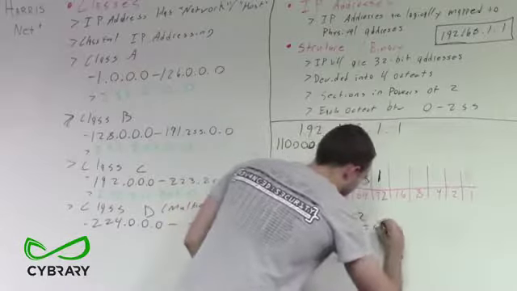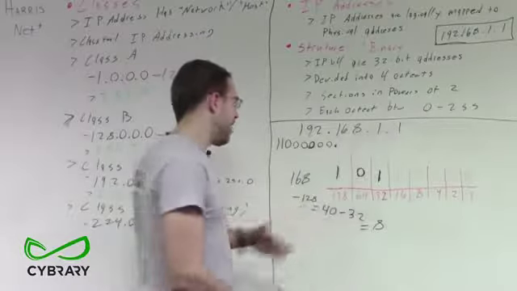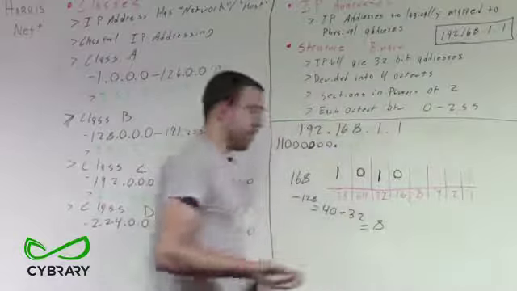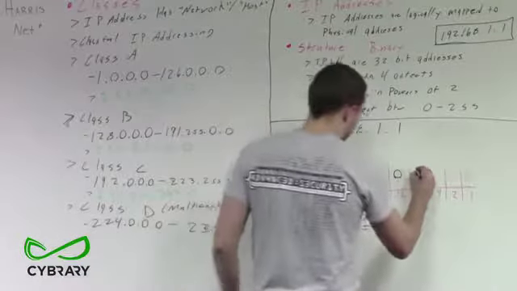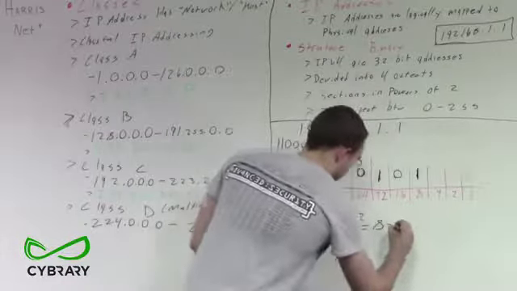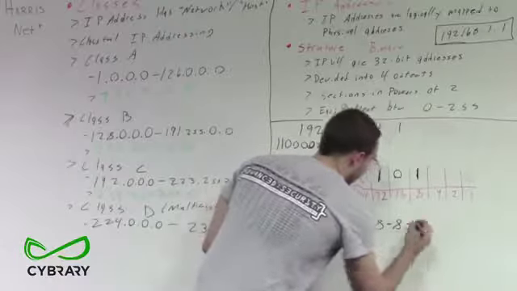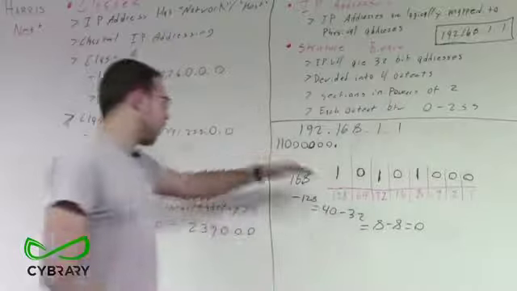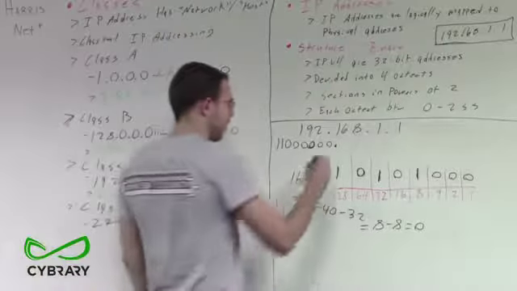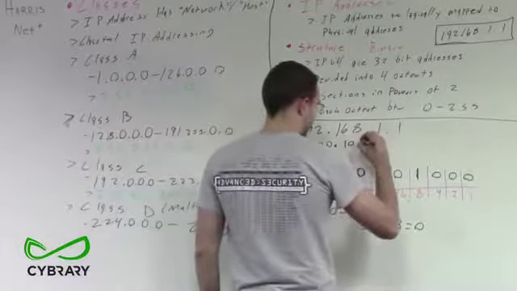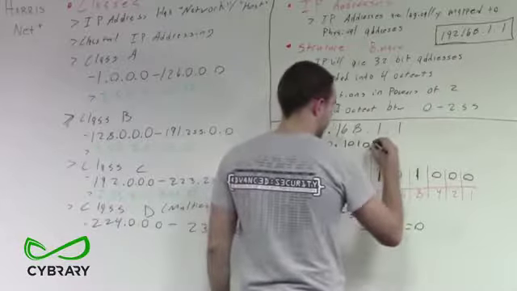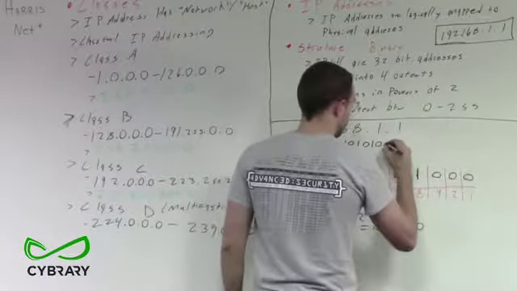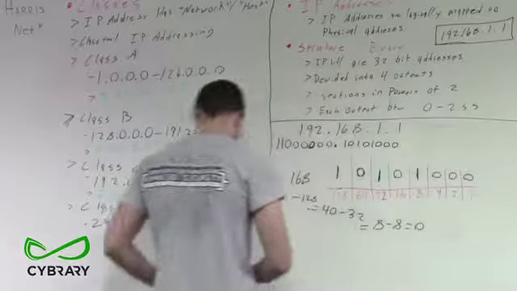This is going to leave us with 8. Does 16 fit into 8? No. Does 8 fit into 8? Yes, exactly. So we put an on in our 8, subtract 8 from 8, leaving us with 0, and then the rest of our places are going to be zeros. So now our next octet is going to be 1, 0, 1, 0, 1, 0, 0, 0.